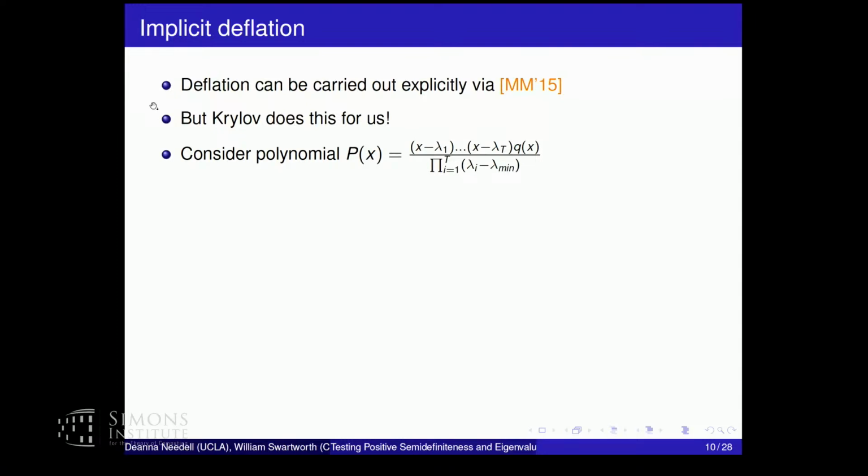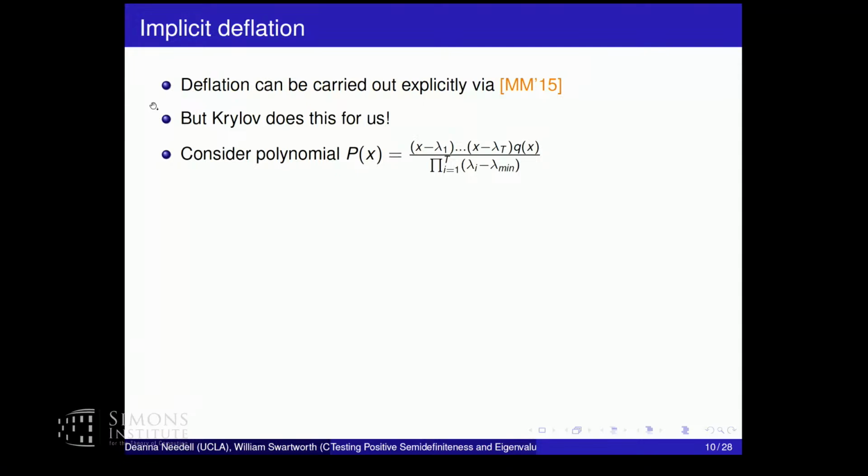And what we can do is force it to be 0 at the top t eigenvalues. So that's how we do the deflation. We just multiply by x minus lambda 1, x minus lambda 2, and so on. And we choose the number of values that we set to 0 to be the same as this original degree. So the overall degree just changes by a constant factor.